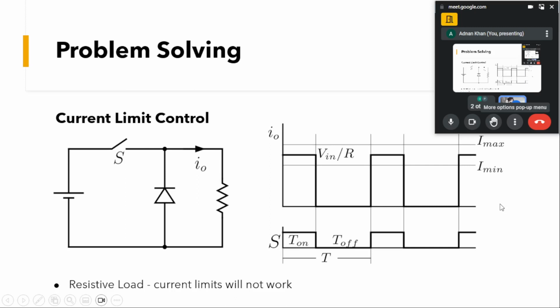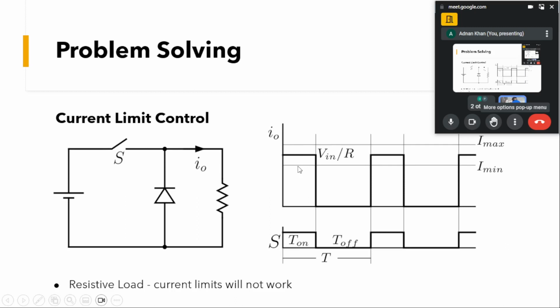In a similar fashion, you can see if we have a capacitor here, as we said about the inductor, the current cannot rise instantaneously, but through the capacitor the current can rise instantaneously, while the voltage cannot.